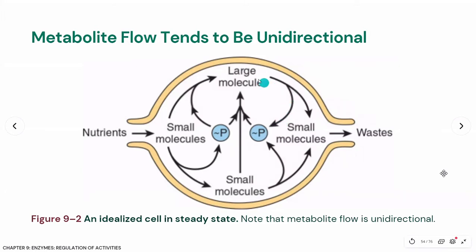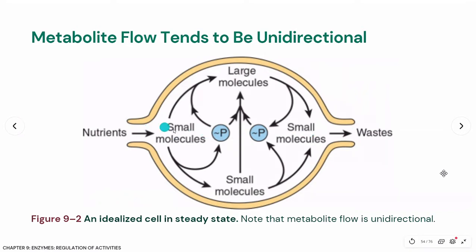For example, if this large molecule is a protein, and this protein is already worn out and it has to be degraded, degradation of proteins gives you amino acids. Amino acids that are still good are recycled to become a protein molecule again, while those amino acids that have been battered come out as waste. Now they become smaller molecules and then they are removed.